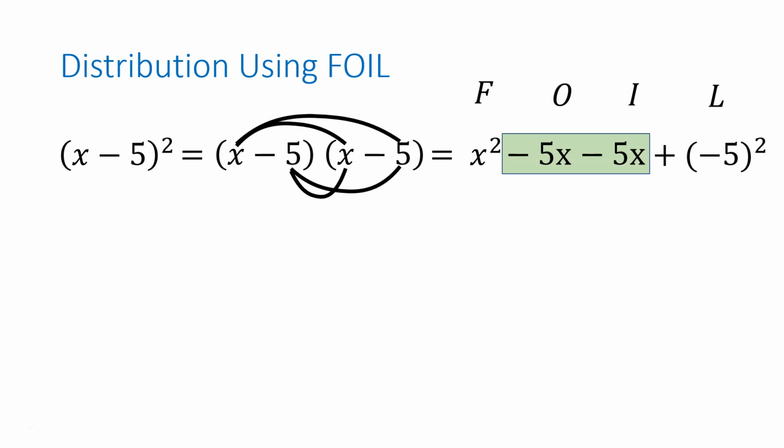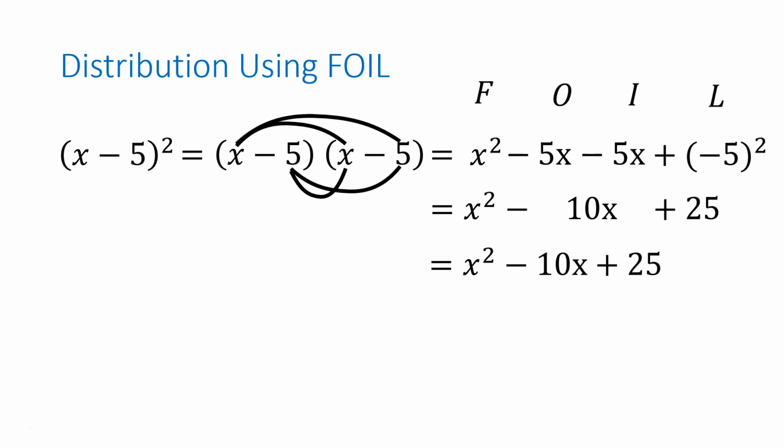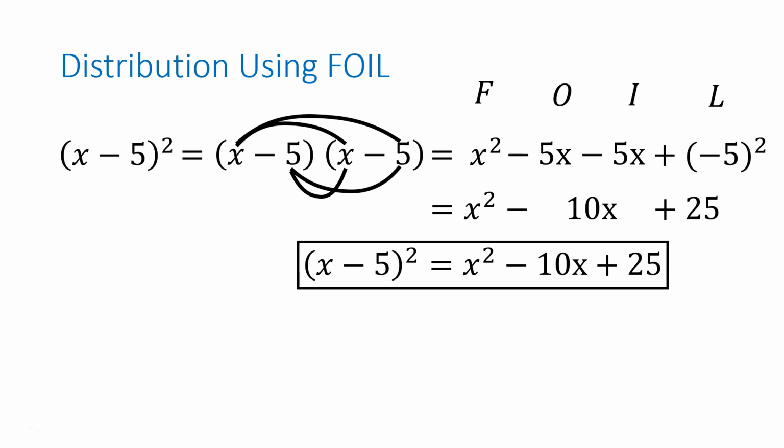The two cross terms combine. Minus 5x minus 5x gives minus 10x, and negative 5 squared is positive 25. When a negative number is multiplied by a negative number, the result is always positive. We get x minus 5 squared is equal to x squared minus 10x plus 25.